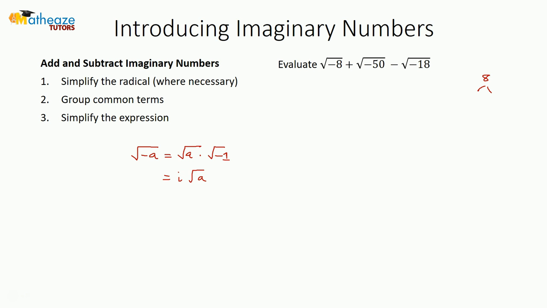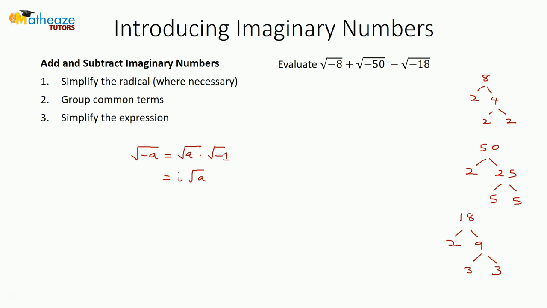So look at 8. We have 2, 4, 2, and 2. We'll go through 50 as well. 50 is going to give us 2 and 25. Then we have 5 and 5, and then 18 is going to give us 2 and 9, and we have 3 and 3.